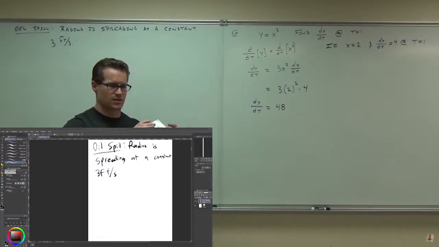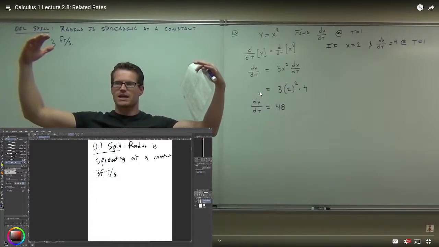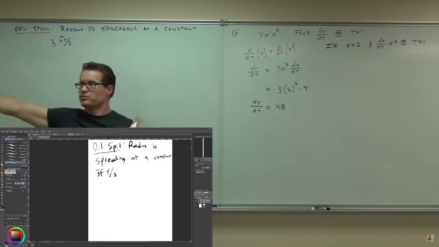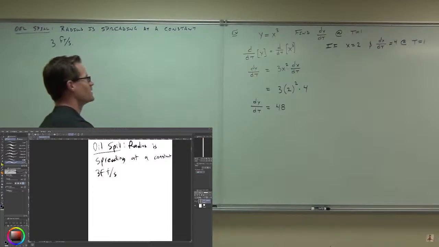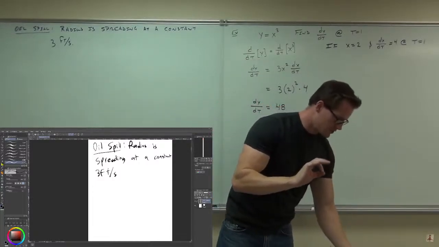It's 3 feet a second, like here's your first circle, and then after 1 second, it is now 3 feet more. Big. And after another second. So probably over a certain segment of time.